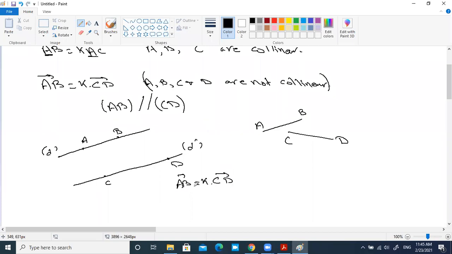This number, positive or negative, doesn't matter to me. It is just some constant times vector CD. Okay. In this case, this is equivalent to saying that line D is parallel to line D prime.